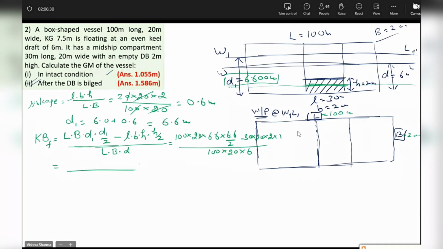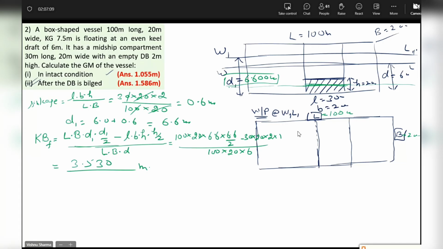Get KB and you will find that it is not 3.3. It is different from 3.3. It is 3.53.